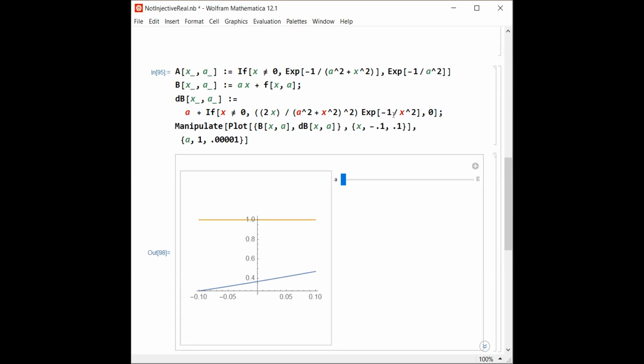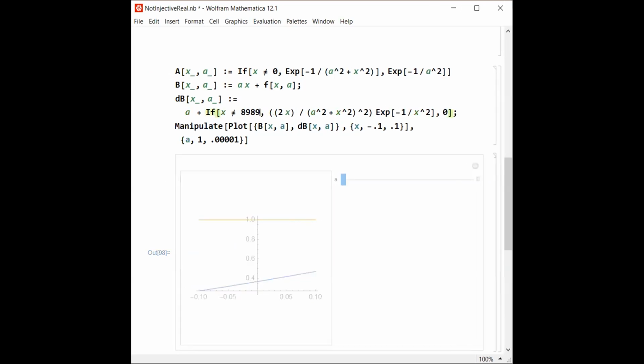All right. So over here, if x equals 0, it should still be okay, correct? The simplest way to fix this, if x does not equal something huge that's completely outside of my range, then it's still going to just display this everywhere.